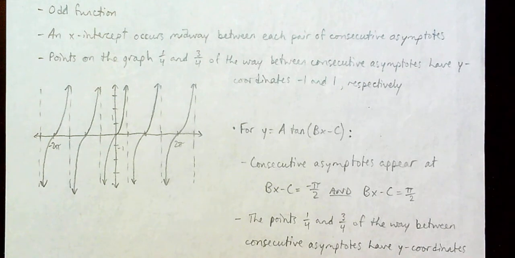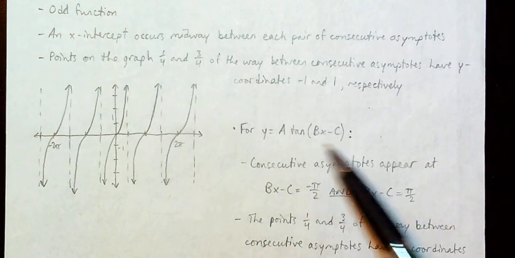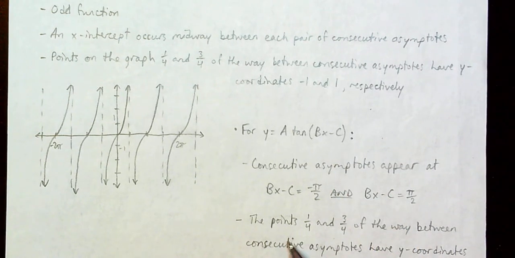And then the bx minus c piece is used to determine when you have consecutive vertical asymptotes happening, between bx minus c equals minus pi over 2 and bx minus c equals pi over 2, or just any pair of consecutive vertical asymptotes in general.